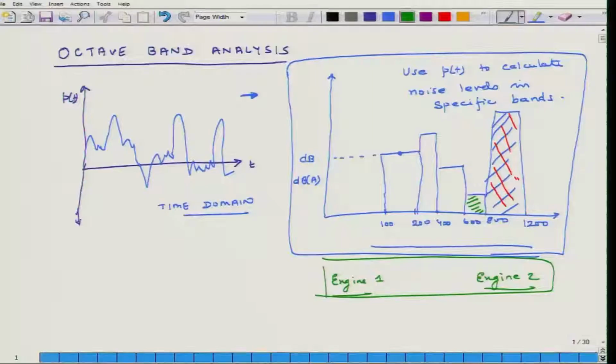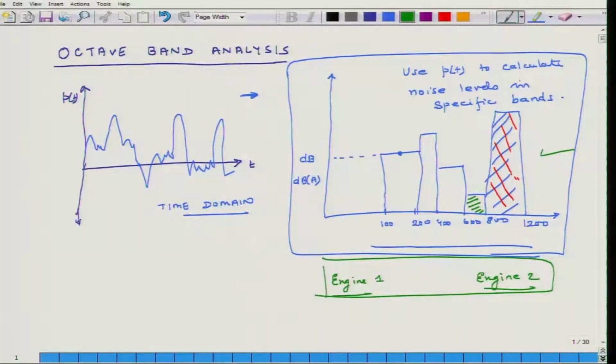One is that these plots help us develop strategies to reduce the noise from machines, and another important use is that these plots also help us compare different sources of noise and rate the different sources of noise in a particular order.